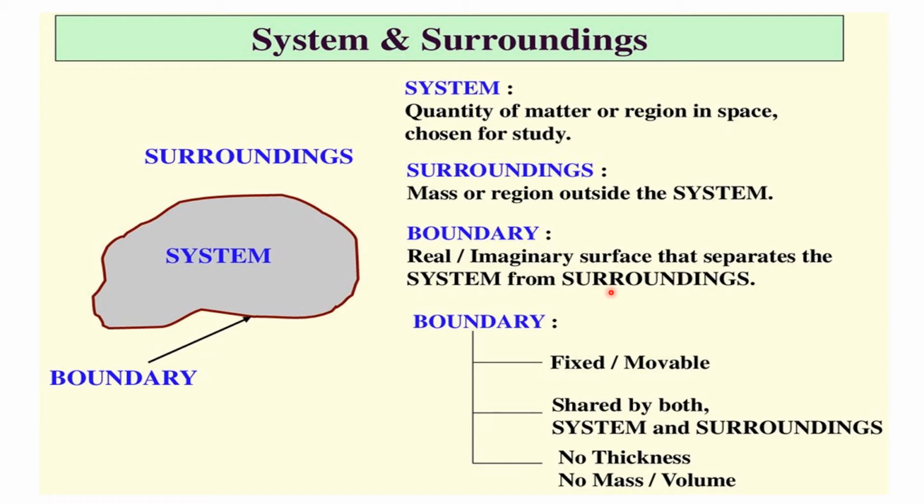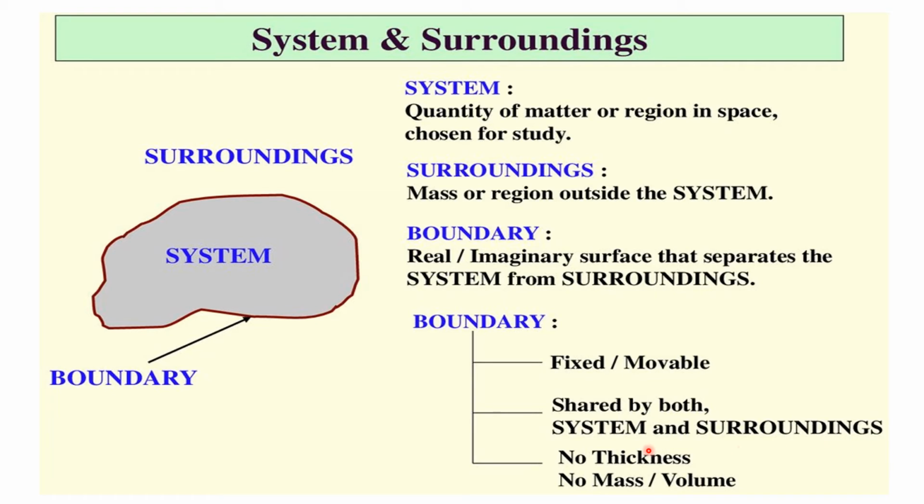So now coming to this point, the boundary. The boundary of the system can be fixed or movable. And this boundary is the contact surface which is shared by both the system and the surroundings.